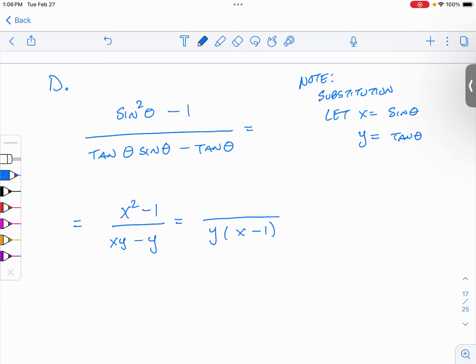In the numerator, can I do something? x minus 1, x minus 1. Almost. x minus 1 times x plus 1. That is a difference of squares.